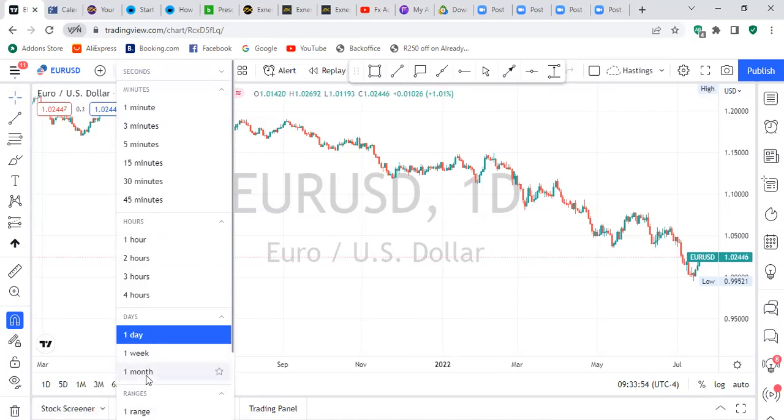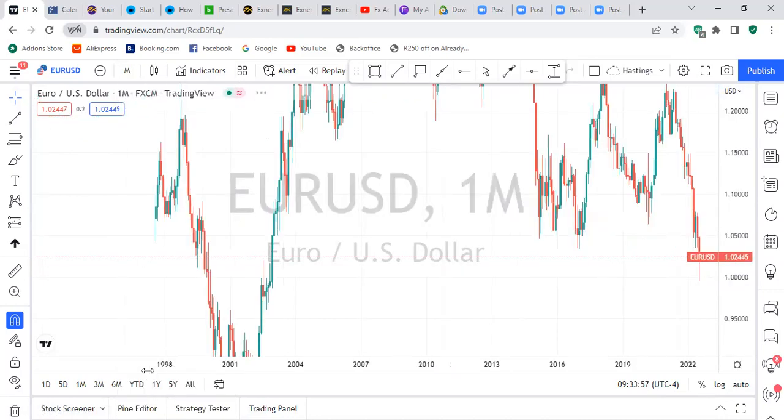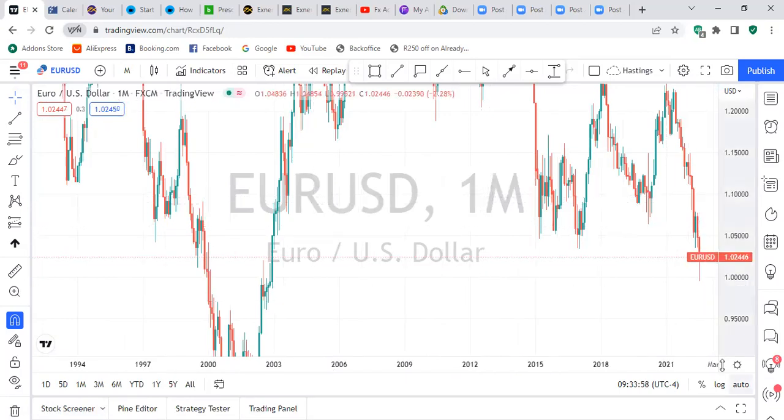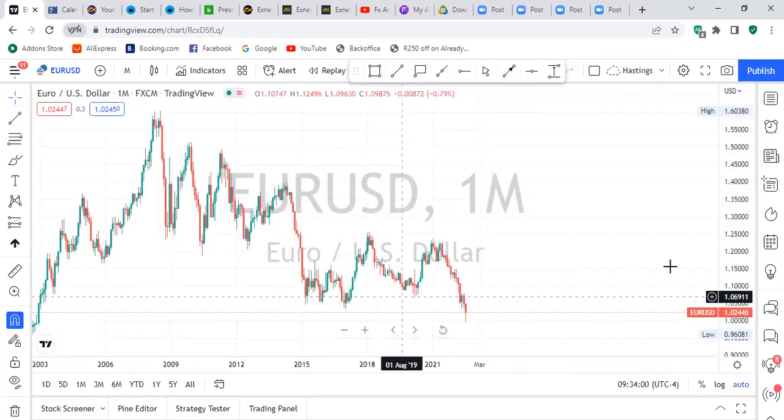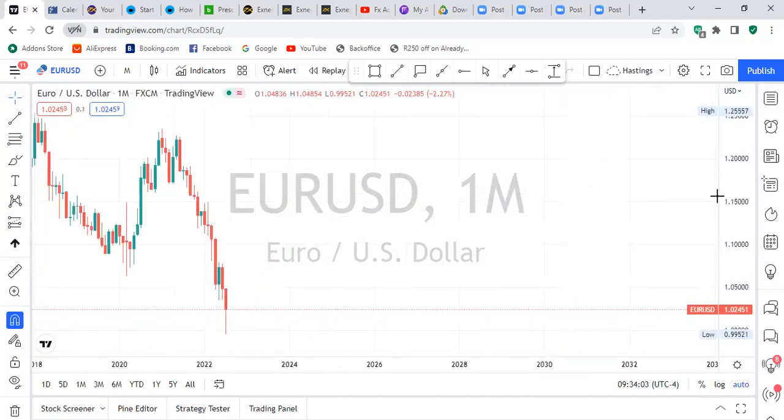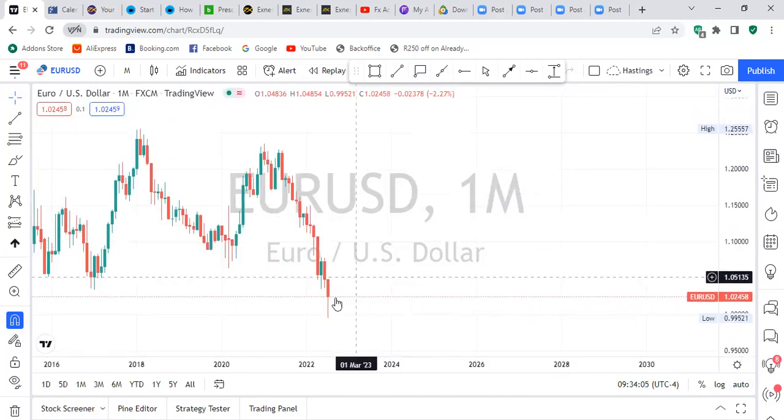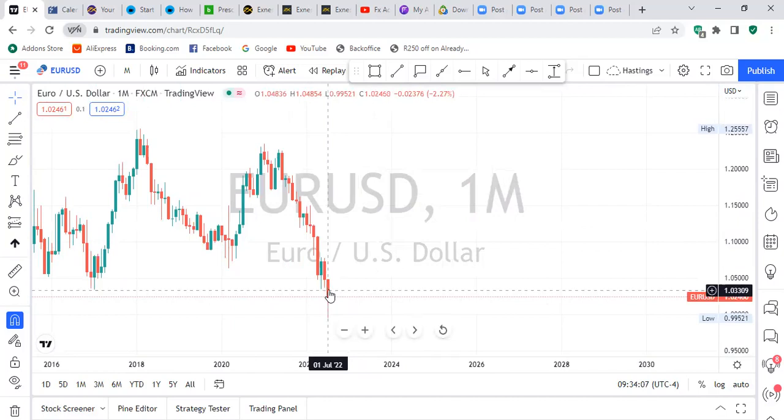So if you click maybe on 1 month, it simply means this candle that you are seeing here represents 1 month of information. It has got one month of data. As you can see here, it started on the 1st of July 2022.